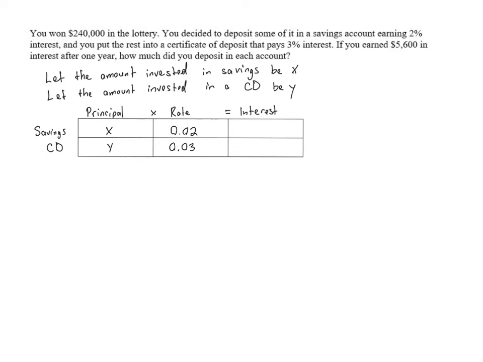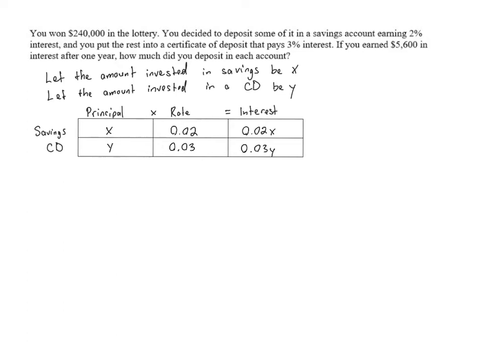And again, to figure out what goes in the interest column, we multiply across, because principal times rate gives us interest. So for the savings account, x times 0.02 is 0.02x. y times 0.03 is 0.03y. And now that we've filled in the information in our table, we need to write two equations that model the situation.